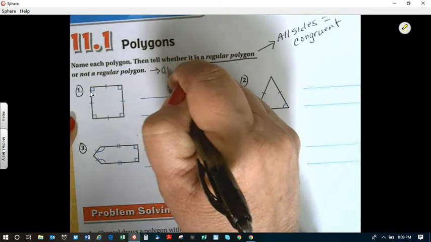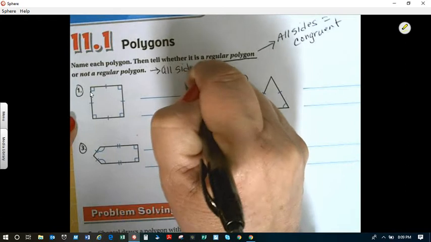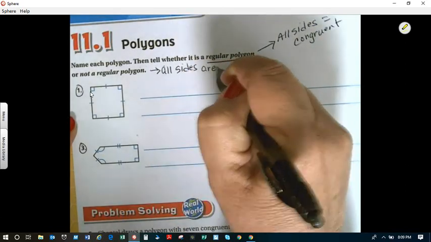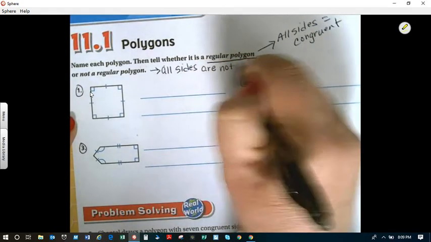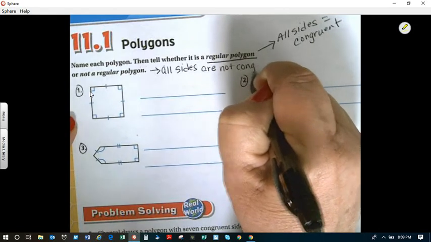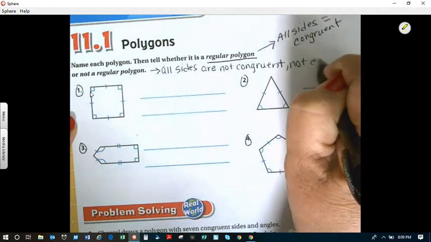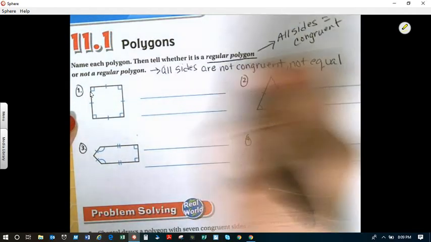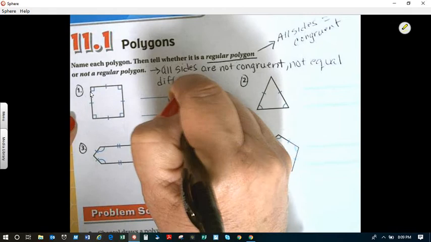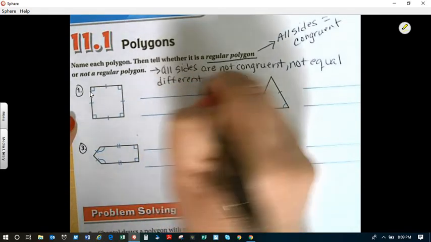So all sides are not congruent, not equal, they're different sizes. And I'll put different sizes. So whichever one you remember.